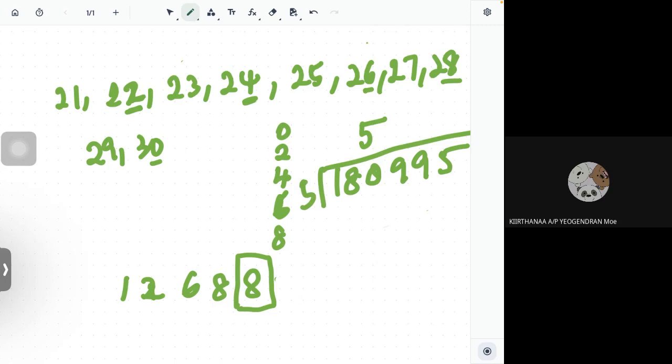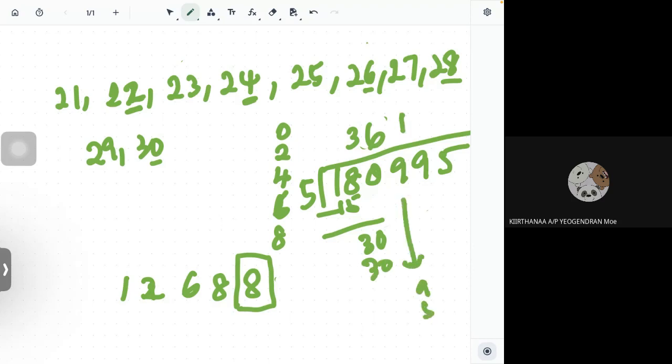When we work it out, 3 times 15, and then the balance will be 36, 30, and then the 9 will be here. 1, 5, 49, and then 9, 45, and then the last one 9. So this one can be divisible by 5, and then this is not a prime number.